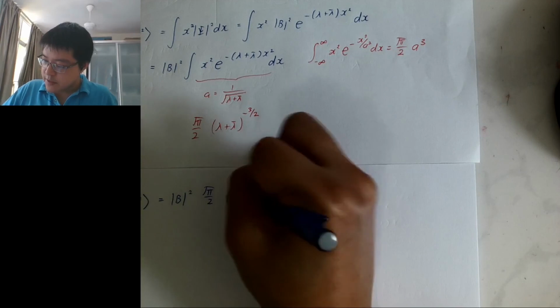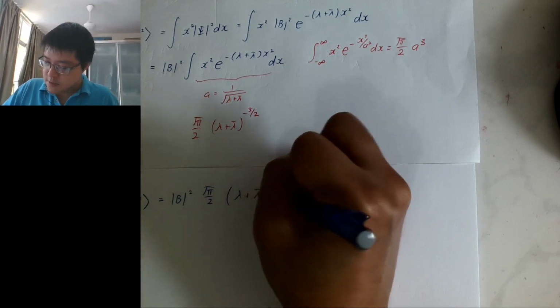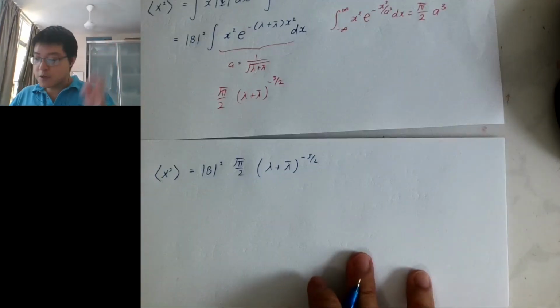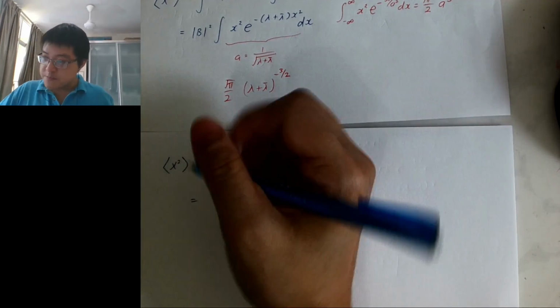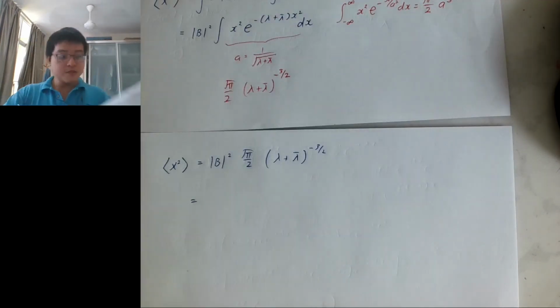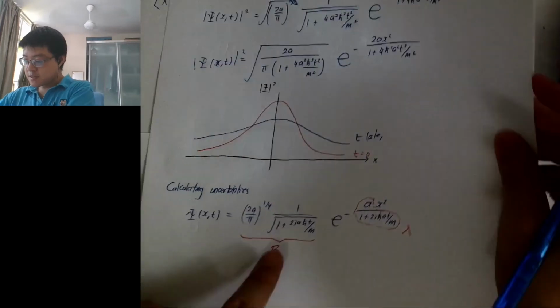So let me put everything here first. Okay, and what was modulus b square? If you recall, modulus b square was all this bunch of stuff.